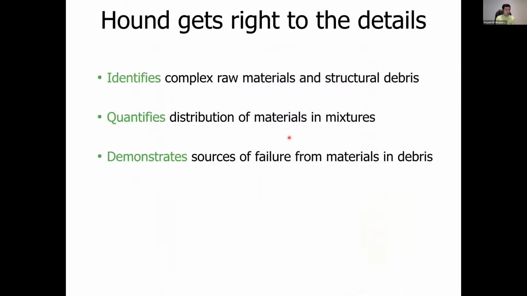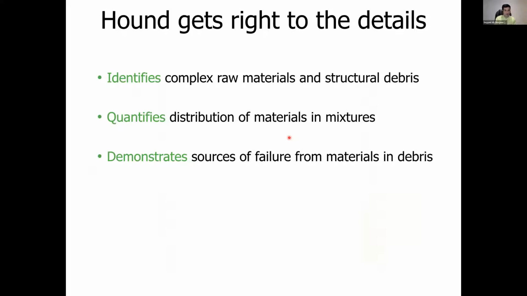So not only were we able to identify complex raw materials and structural debris, we were able to quantify the distribution of materials in our mixtures and also demonstrate the possible sources of failure from material based just on the particles that we saw in the debris. So we got all that information from the Hound in this case study.